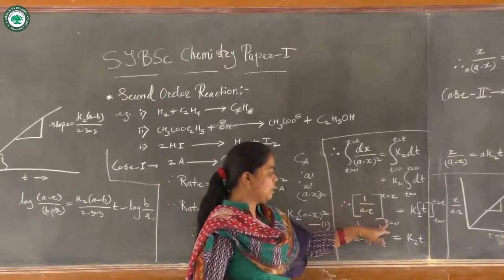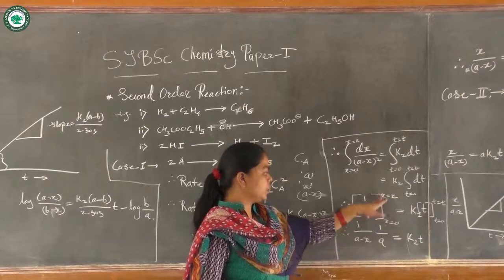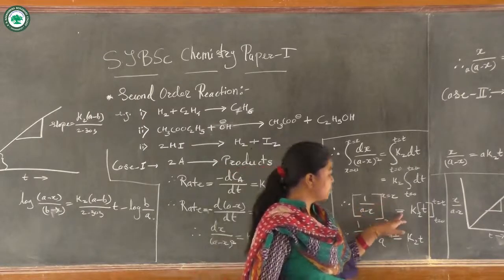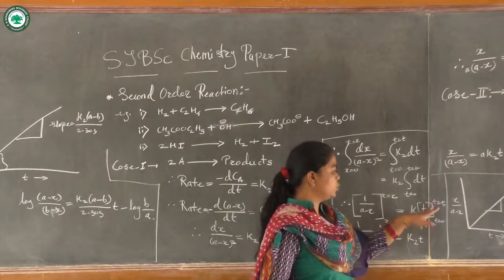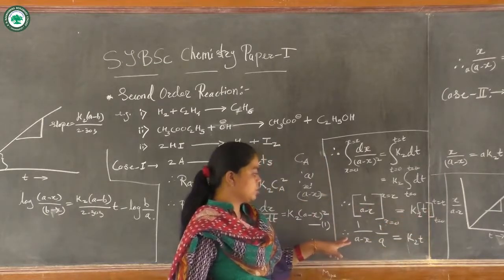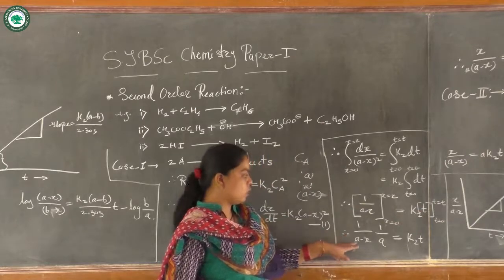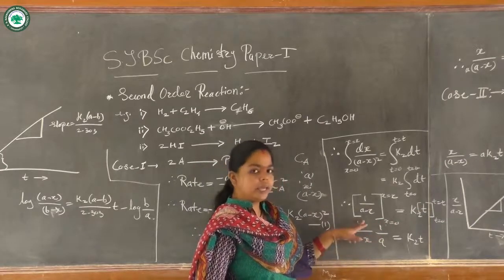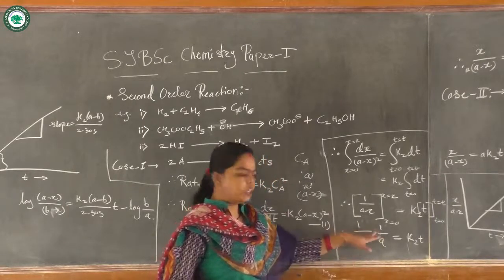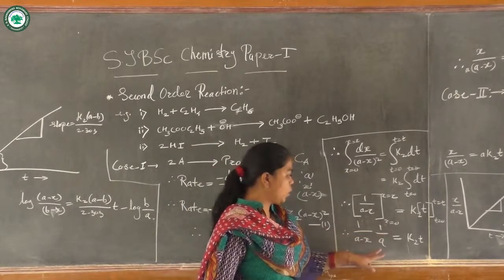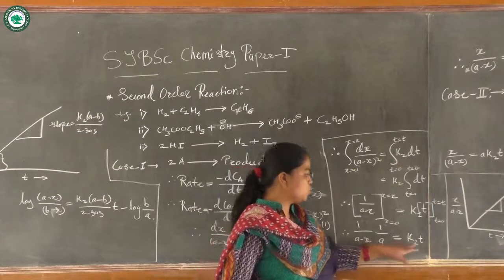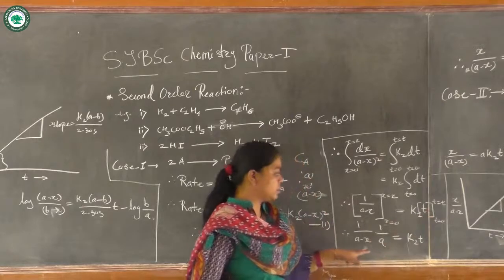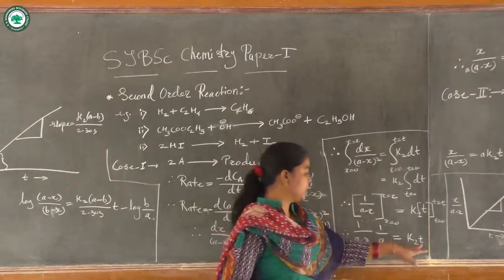Now by applying the limits here, we can write in square brackets 1 upon A minus X within the limits equals K2 into t within the limits t0 to t. By solving this equation, we get 1 upon (A minus X) minus 1 upon A equals K2 into t, that is, final concentration minus initial gives the t.